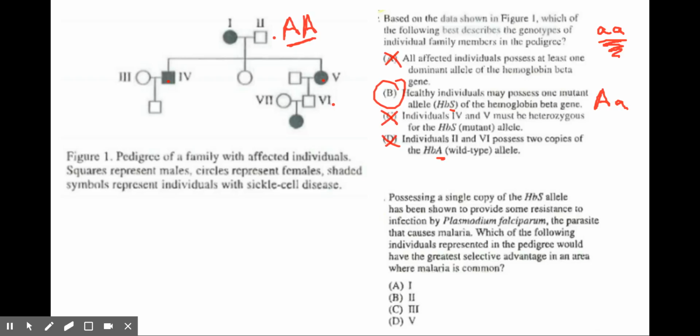Which of the following individuals represented in the pedigree would have the greatest selective advantage in an area where malaria is common? So, possessing a single copy. So what they're asking for are what individuals in this pedigree would be big A, little a. So is number 1 big A, little a?